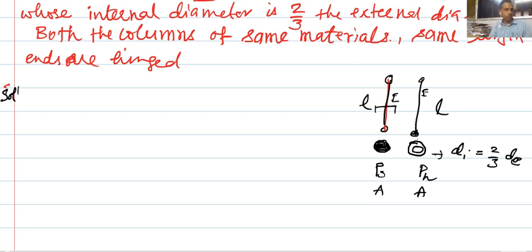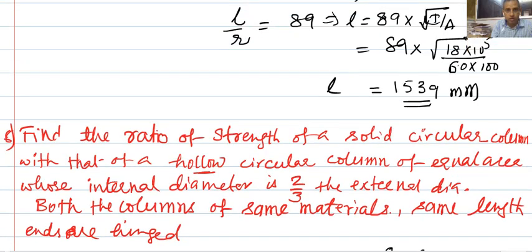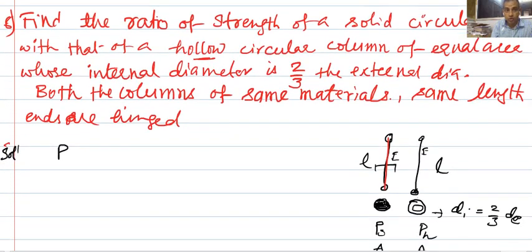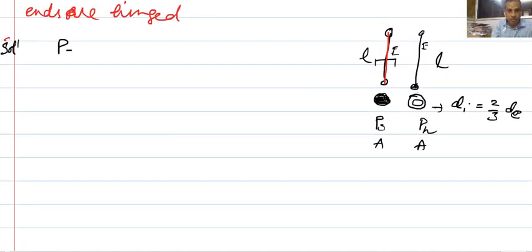You understood? So now we need to find out what is the strength ratio, that means ratio of the strength of solid to the hollow circular, that means PS by PH is our question.